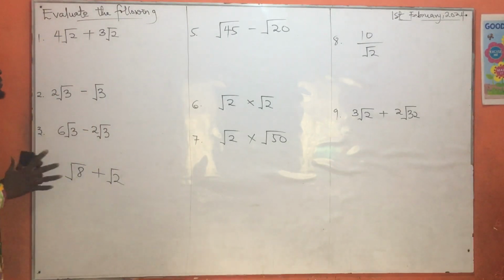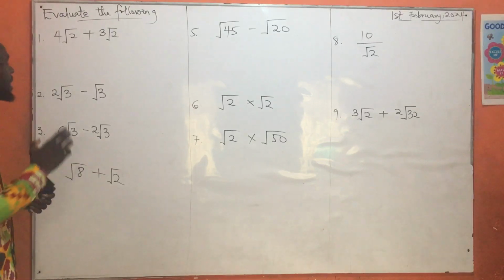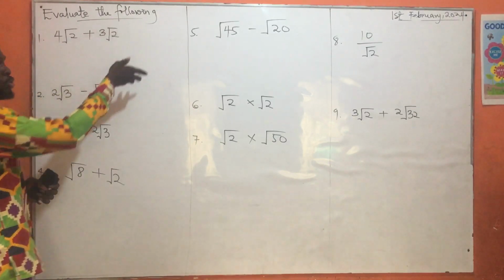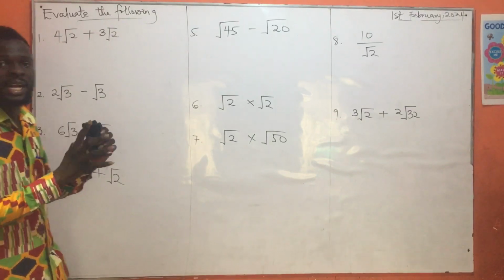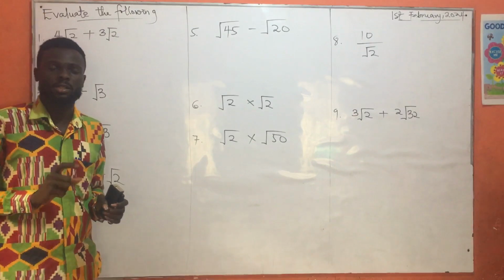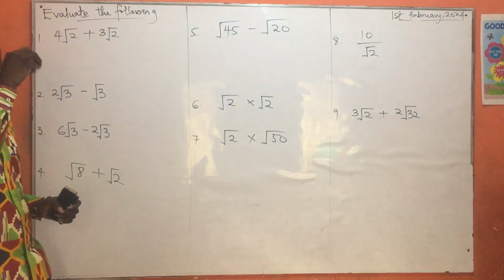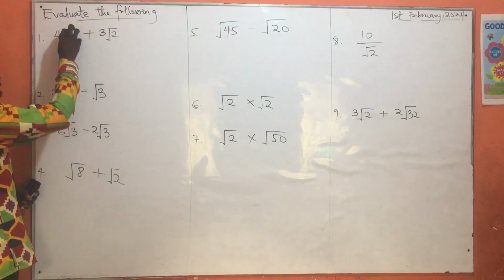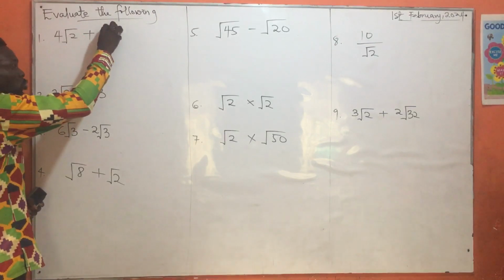Now when you look at the first example, we have been given 4 root 2 plus 3 root 2. When it comes to addition of surds, we can only add surds if the surds are equal. So in this expression, you have root 2, root 2.